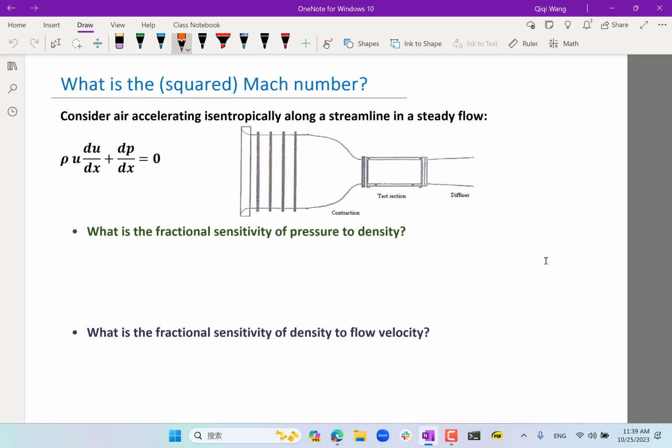To start, we need to follow a streamline. When we follow a streamline, we define the x-axis as the direction of the streamline locally.